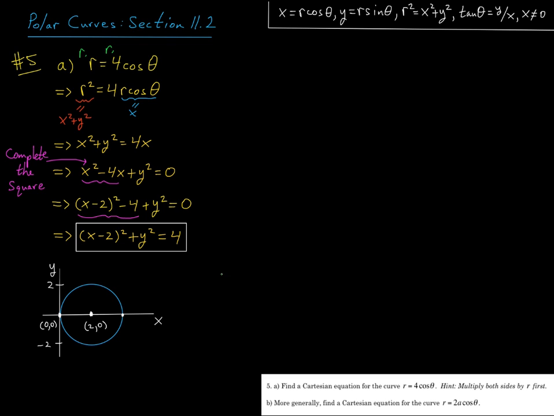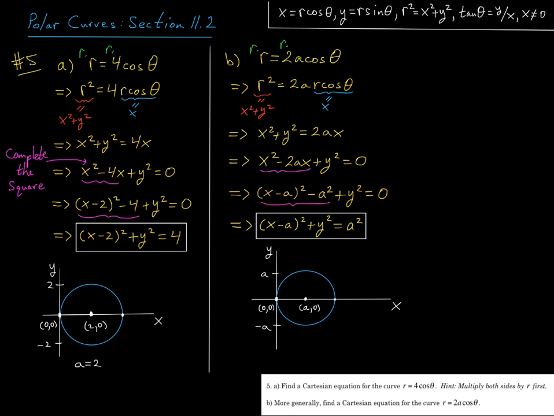All right, great. Now for part B, it says more generally find a Cartesian equation for the curve r equals 2a cosine theta. Okay, well, we can do exactly the same thing that we did in part A. So in other words, multiply both sides by r. This gives us r squared, which is x squared plus y squared on the left, and 2a r cosine theta, which is 2ax on the right.